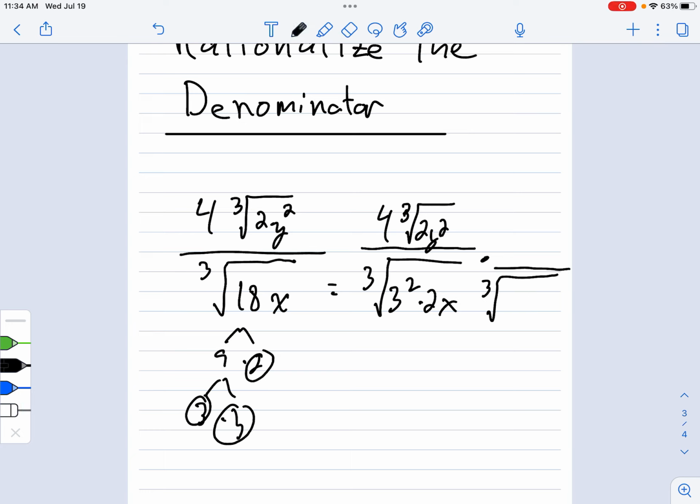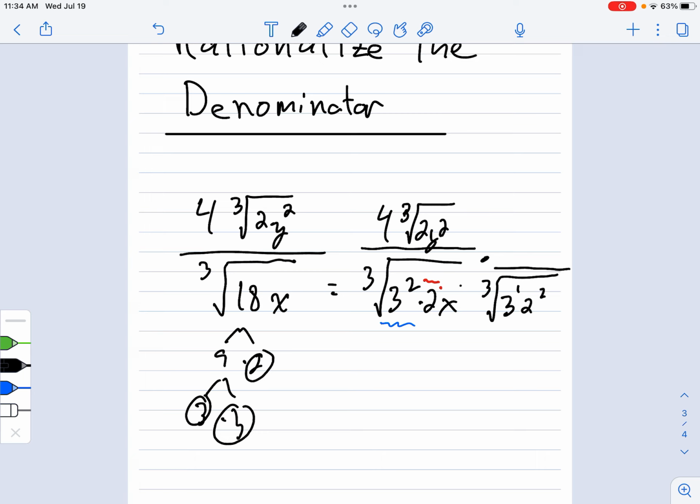So if I look at 3 squared, you have two 3s, so I'm going to add in one 3 here, 3 to the first. For the 2, I have one 2, so I'm going to put two 2s, 2 to the second.